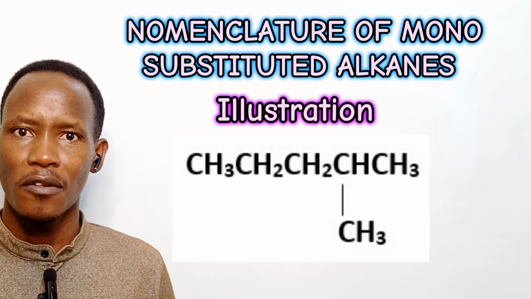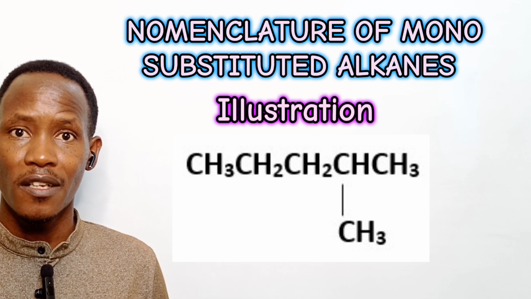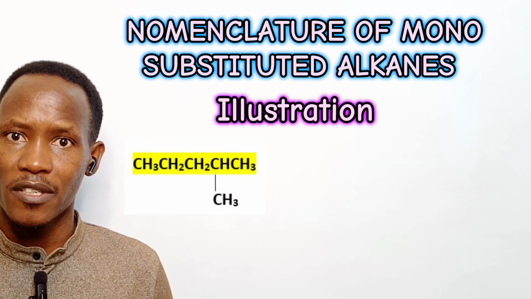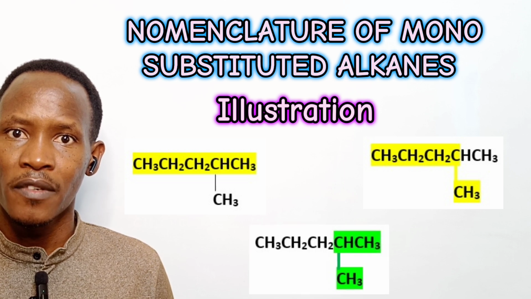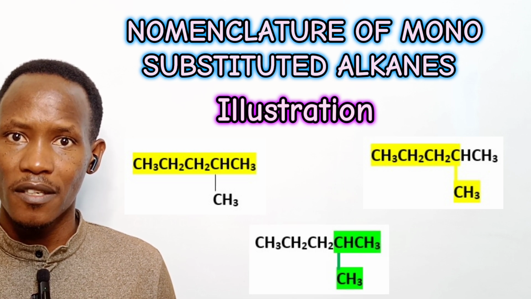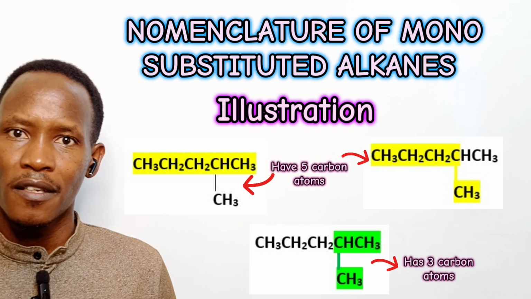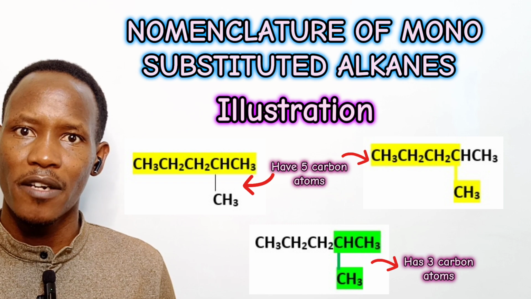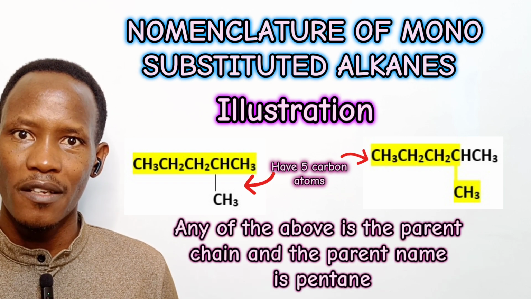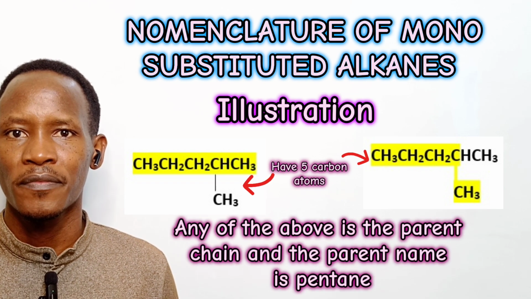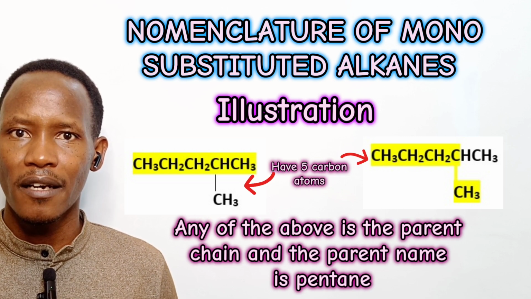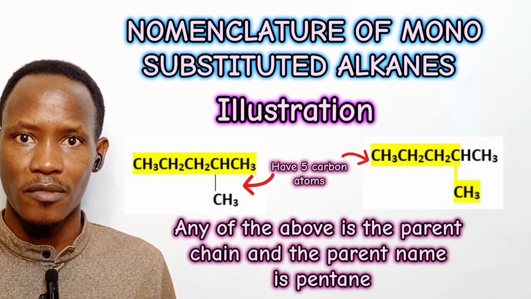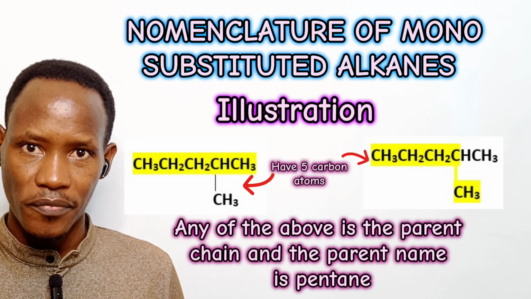By using the compound displayed there, the following carbon-carbon chains can be obtained. In all three displayed chains, the parent chain is the one in yellow highlight. Why the one in yellow highlight? It is because it has the highest number of carbon atoms, and that number is 5.